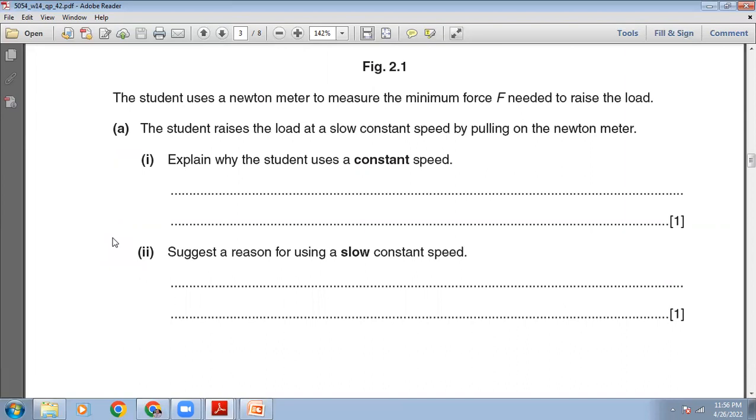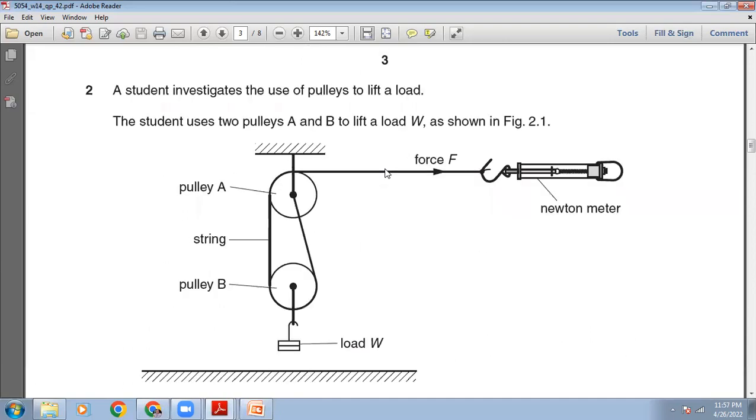You see, if you pull it slowly, the reading on the Newton meter will remain constant. If you give it a jerk, the pointer of the meter will shake. Sorry, I'm saying meter rule, it's Newton meter basically. You move it very slowly.